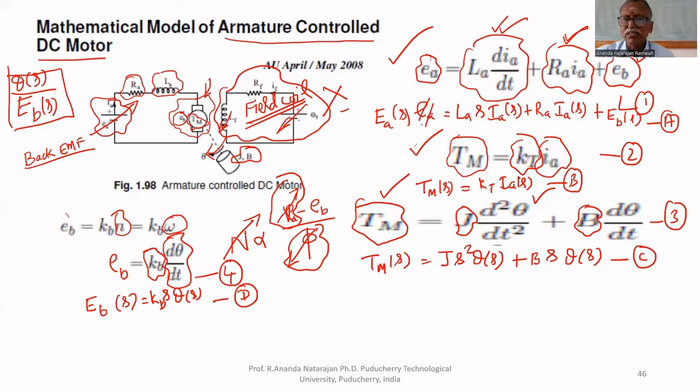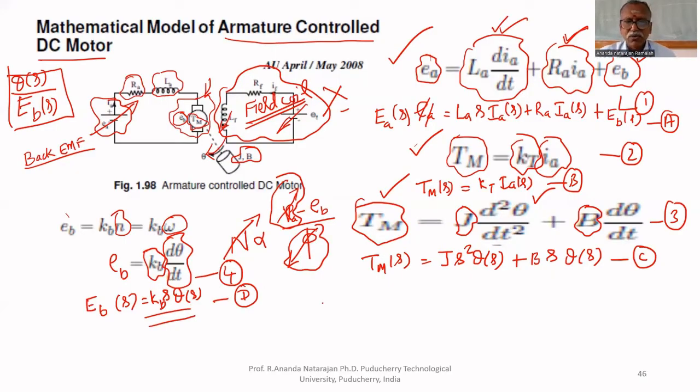So what we can do is take this IA of S outside, and IA of S can be substituted from here. Then you can substitute Tm of S in that. Everything will be in terms of theta. Then in place of EB, if you substitute this, the back EMF also comes in terms of theta.